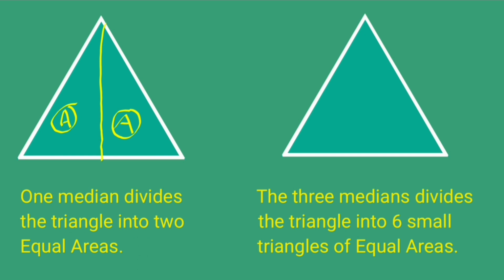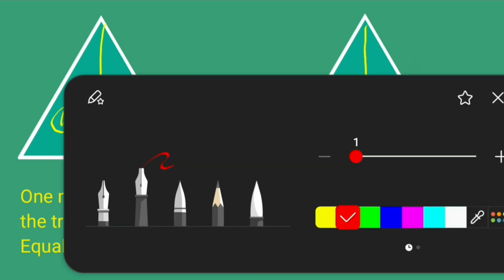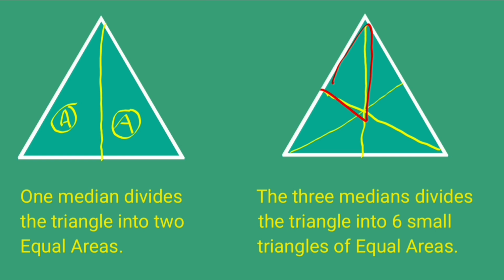Next. Now this is one median in this triangle. This is the second median. This is the third median. Now these three medians divide this complete triangle into six triangles. This is the first triangle, second, third, fourth, fifth, and sixth triangle.